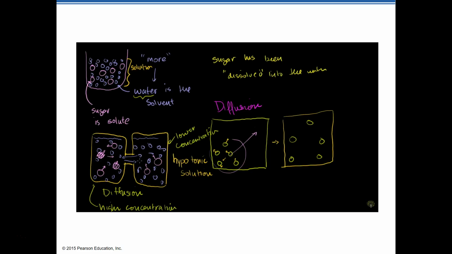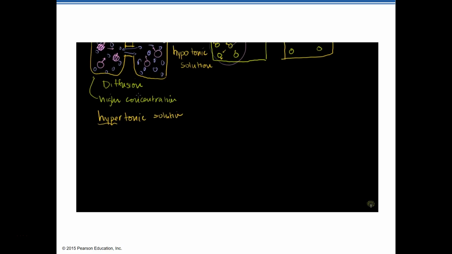But what happens if we have a tunnel where the solute is too big to travel, but water is small enough to travel? So let's think about that situation. In order to think about it, I'm going to do something interesting. Let's say we have a container here. Actually, I won't even draw a container. Let's just say we have an outside environment that has a bunch of water. This is the outside environment.